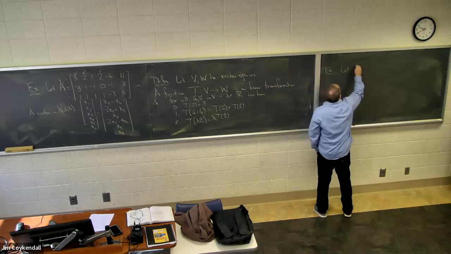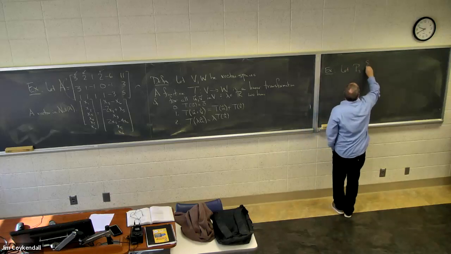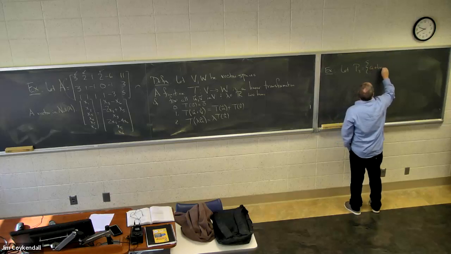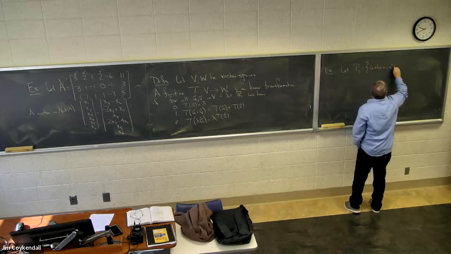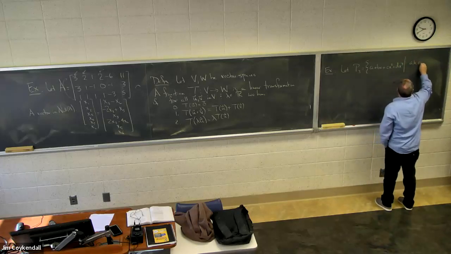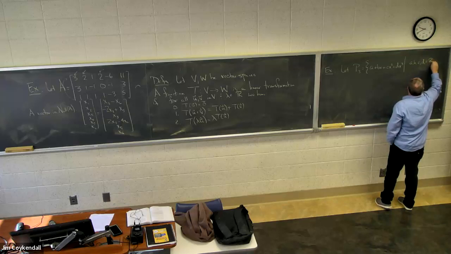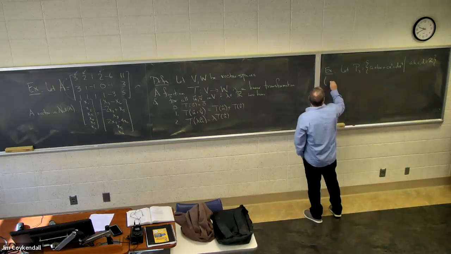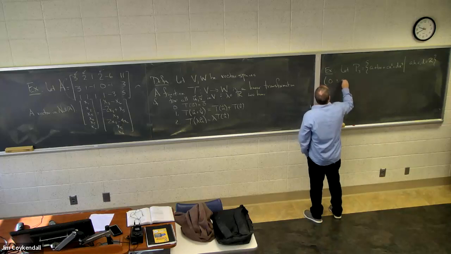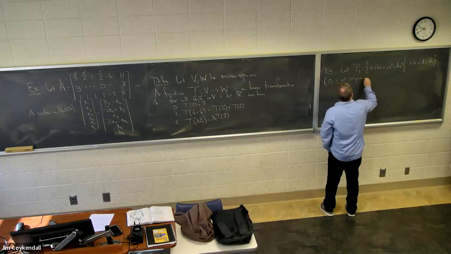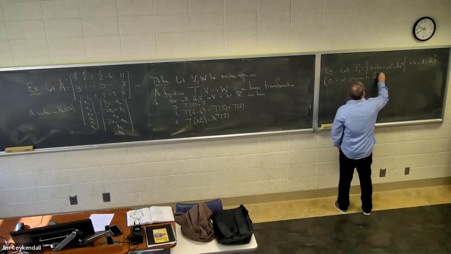Let P3 be the set of a plus bx plus cx squared plus dx cubed, with a, b, c, d. These are all polynomials. This is 0 and all polynomials of degree 3 or less.